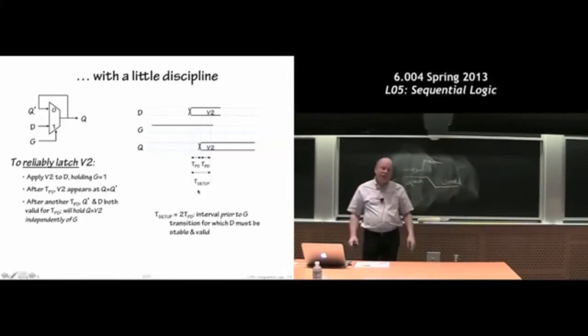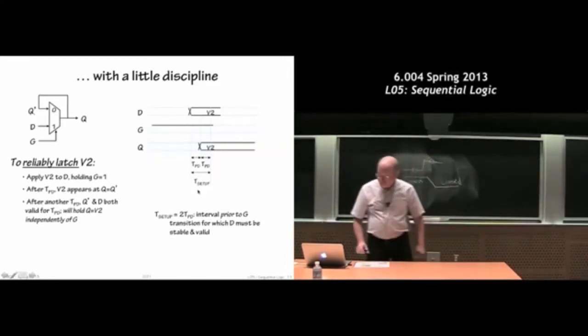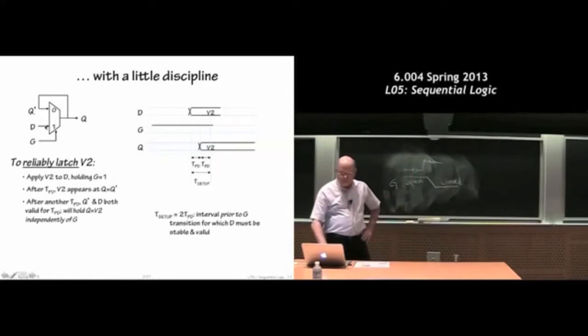Yes, sir? Why do we need 2 TPD? Because after 1, we know that Q is stable and that it reflects the current D input. What we don't know is whether the information that Q prime is also stable has propagated all the way through the internal circuitry.